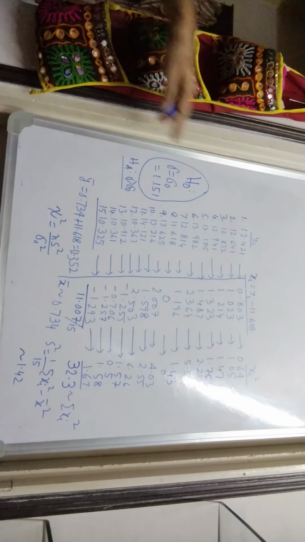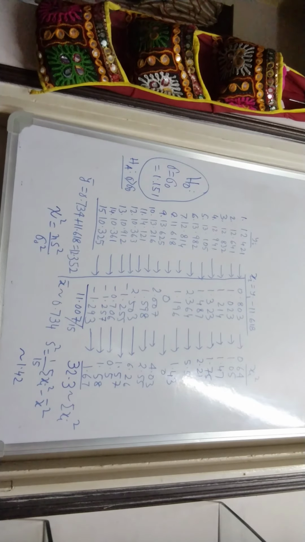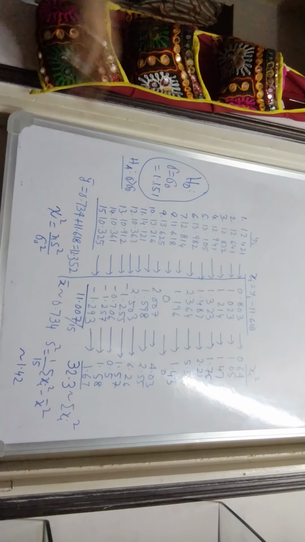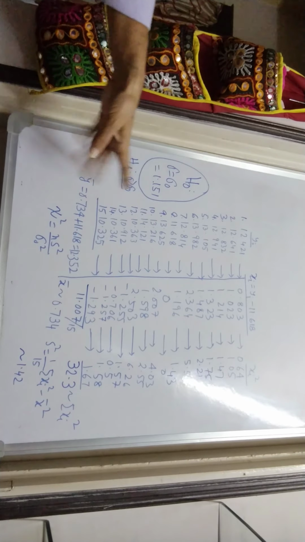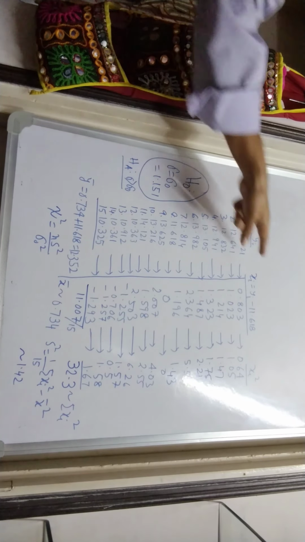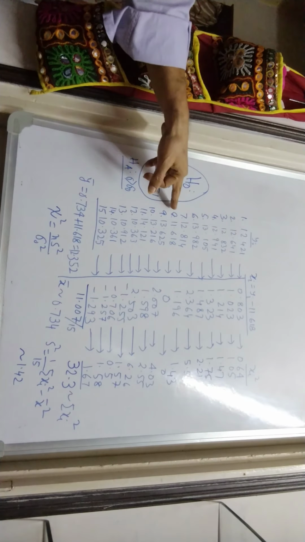So, our null hypothesis is that these 15 sample values, which we consider to be normally distributed, have a standard deviation 1.151. I have done the calculation in a very straightforward way. We want to find out the mean, and we have shifted the origin to 11.618.